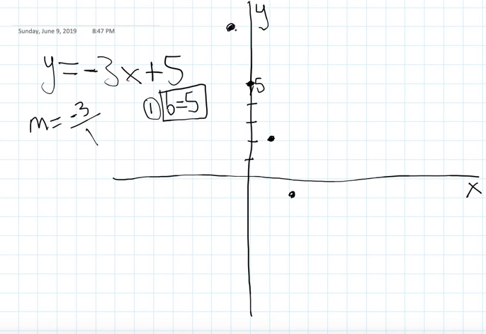Then all I will have to do is connect. It's really hard for me to connect it with a mouse, but here is the line.